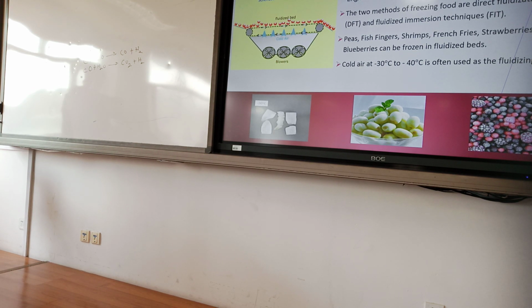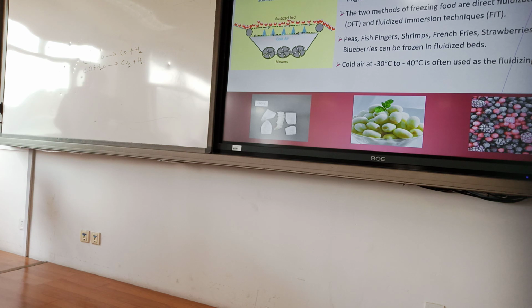Also, prawns will freeze in 15 minutes using air at -37 degrees Celsius. The product is free flowing and undamaged, since the particles are individually suspended in the air stream. So air cushioning helps prevent aggregation of the food particles.